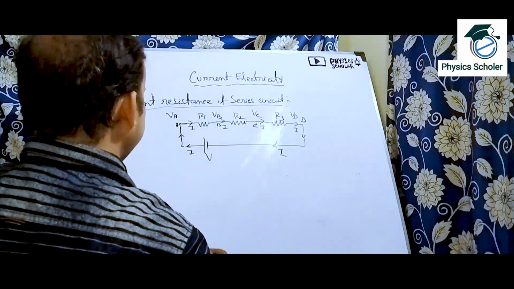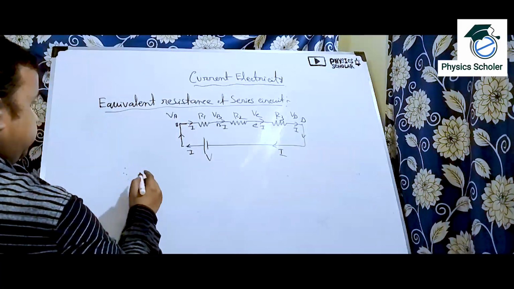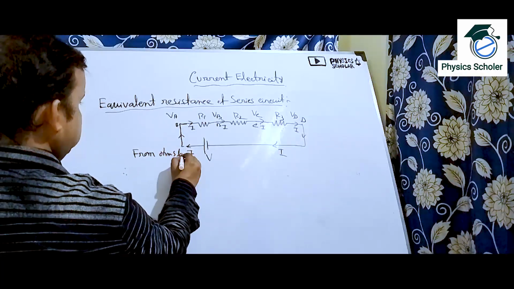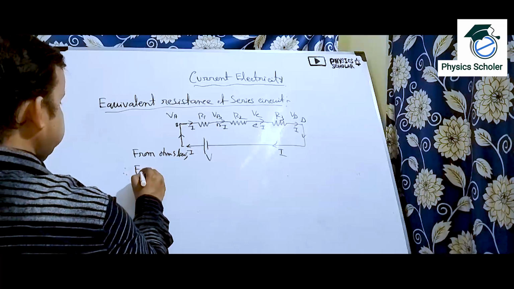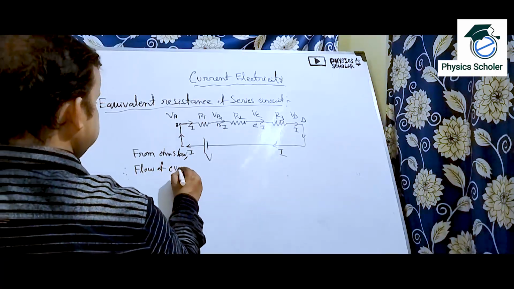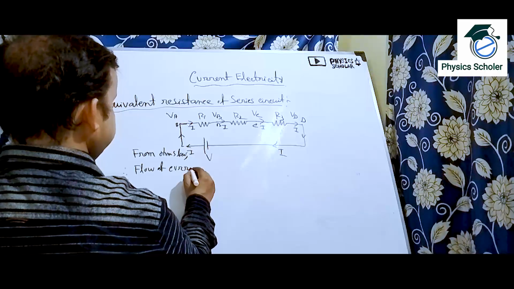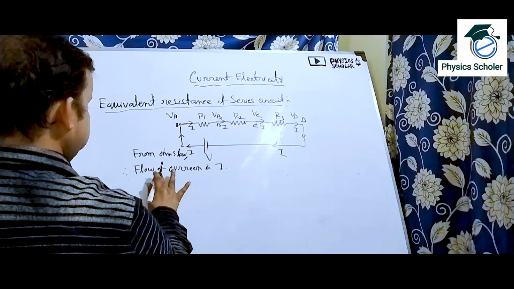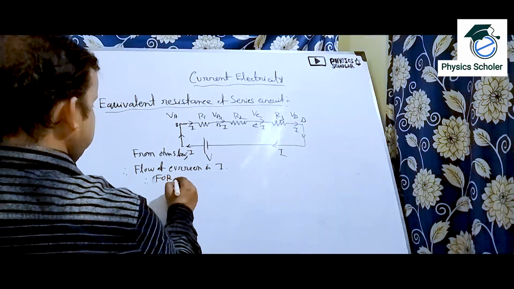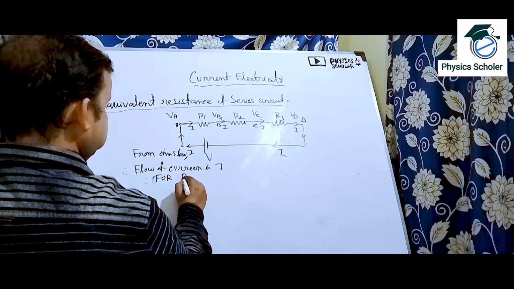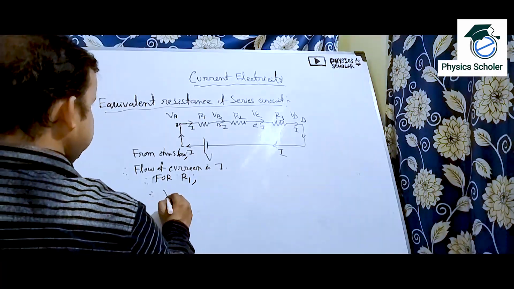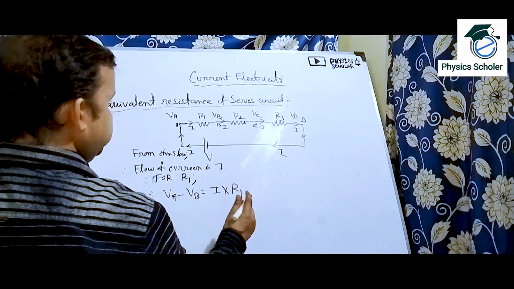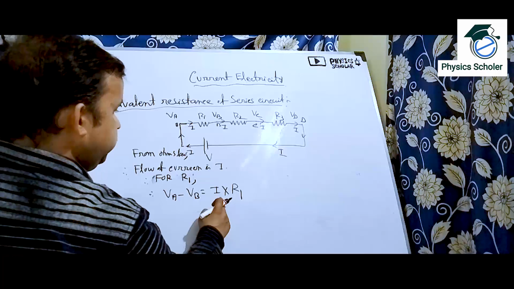What do we know from Ohm's law? V is equal to I into R. So from Ohm's law, what can you write? The current is I. For R1, VA minus VB is equal to I into R1.